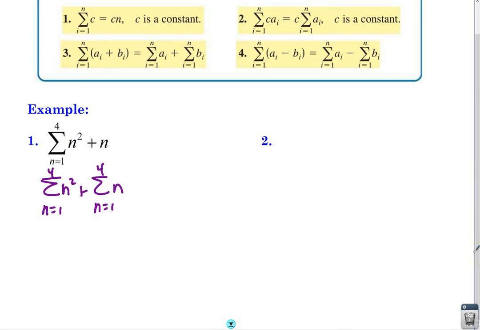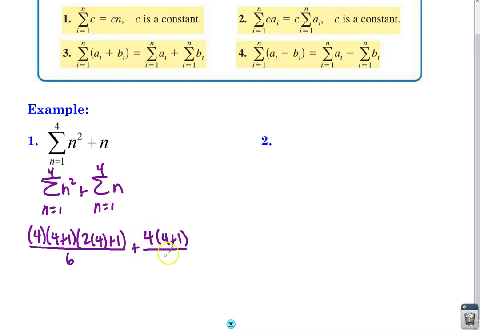So for n squared, my rule was n times n plus 1 times 2n plus 1 all over 6 plus, for n, it was just n times n plus 1 over 2. Okay, so we got 4 times 5 times 9 over 6 plus 4 times 5 over 2.